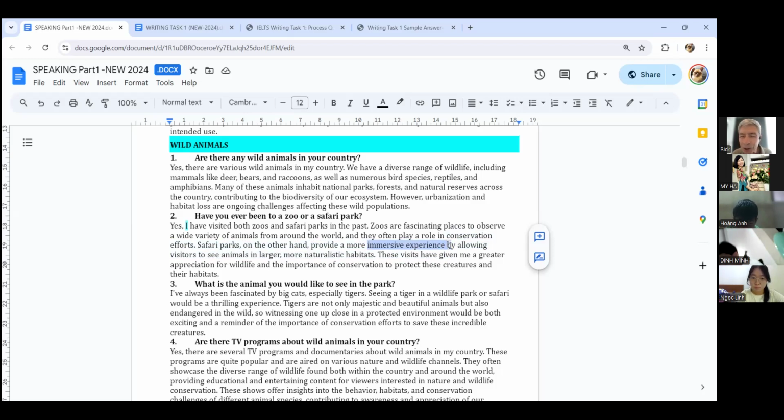You can also use the word immerse when you are talking about experiences. For example, you can immerse yourself in a movie. You can immerse yourself in a book. You can immerse yourself in study. Okay, so it means just to cover yourself with whatever that experience is. Immerse is the verb, okay? An immersive experience is a noun.